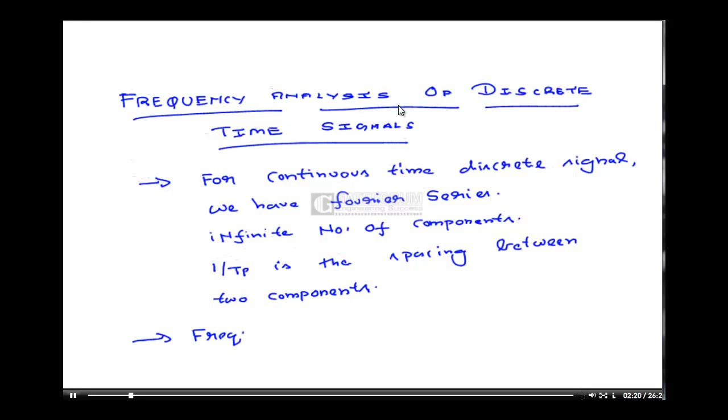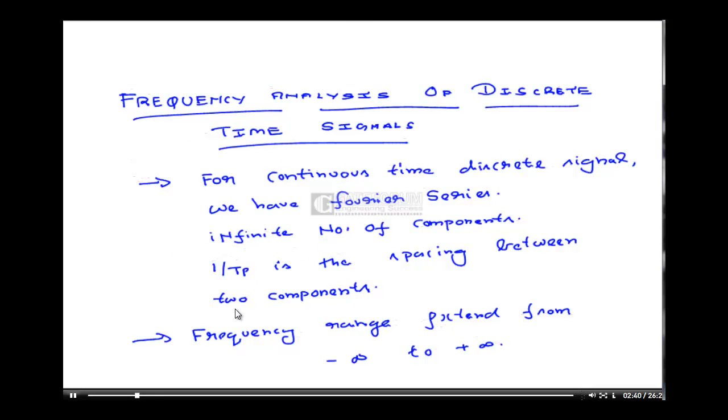Frequency range in continuous time signal extends from minus infinity to plus infinity, whereas such things are not possible in discrete time signals.